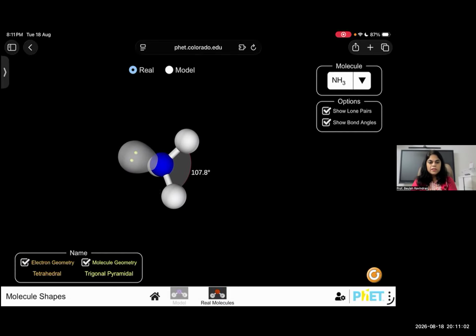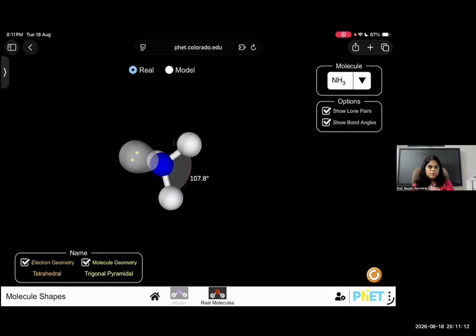And the angle is 107 degrees. It is reduced now. 109 degrees 28 minutes we saw, but it is now reduced to 107 degrees. Here the expected shape is tetrahedral, but due to the presence of a lone pair, the shape is distorted and the angle also changes.